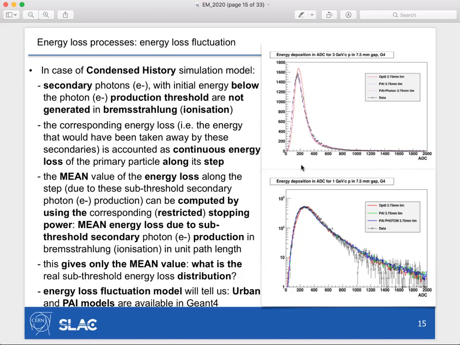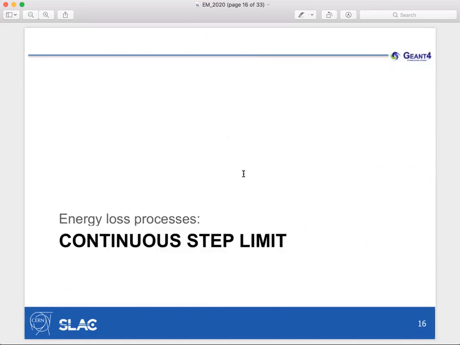And you have these two choices for ionization: the Urban model for energy loss fluctuation, or the PAI model, which stands for photoabsorption ionization, which is a bit more sophisticated than the Urban but requires much more computing time.